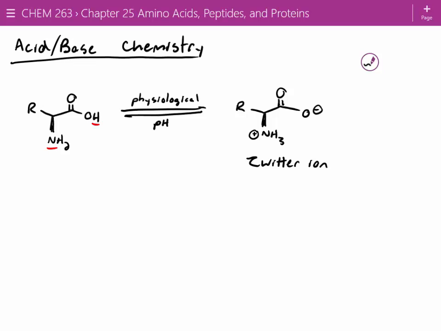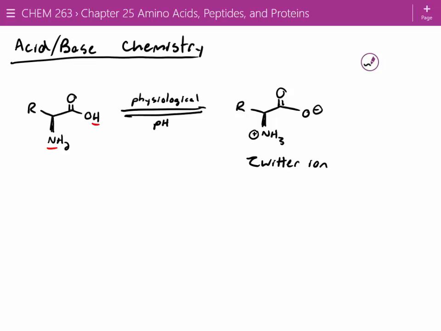Each amino acid has very different pKa's, because these R groups can play a very big role in the acidity of not only your carboxylic acid, but the acidity of your ammonium ion once it becomes protonated. So the pKa's do matter a lot.